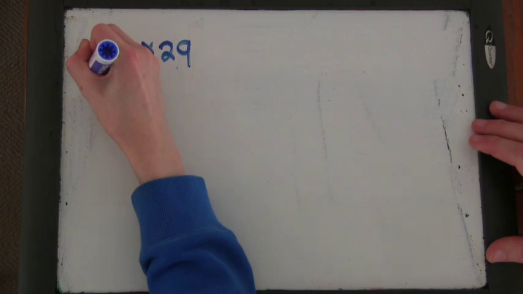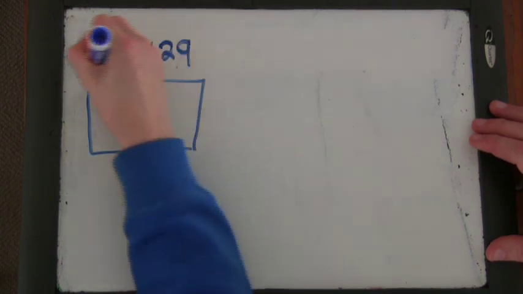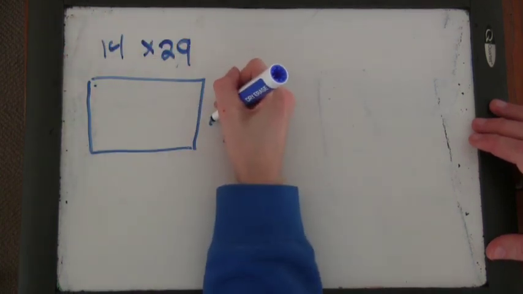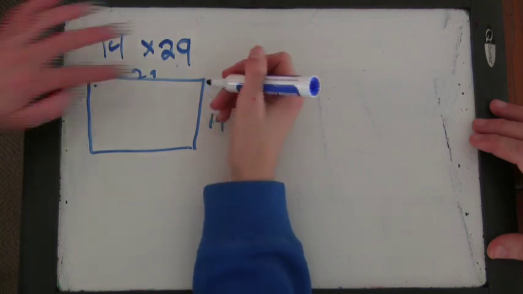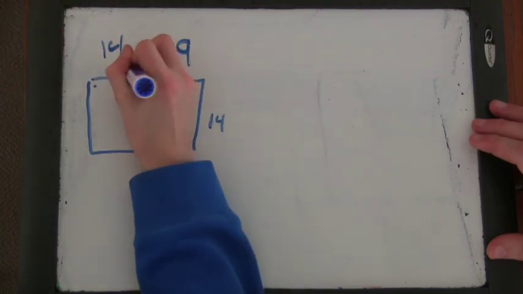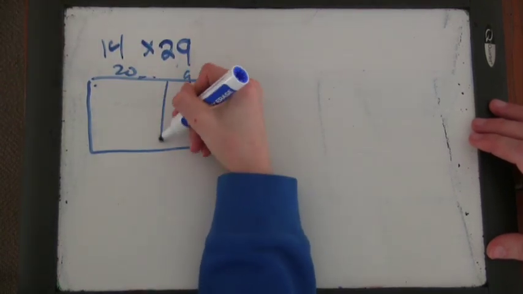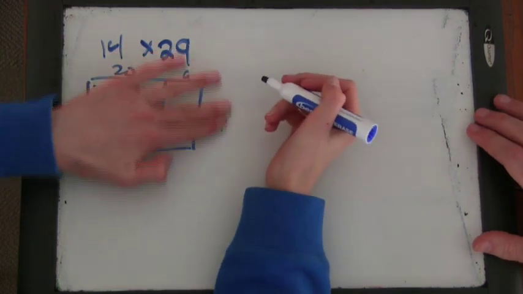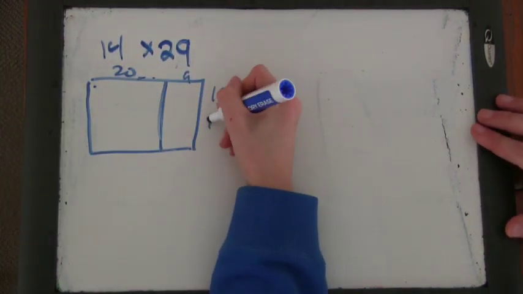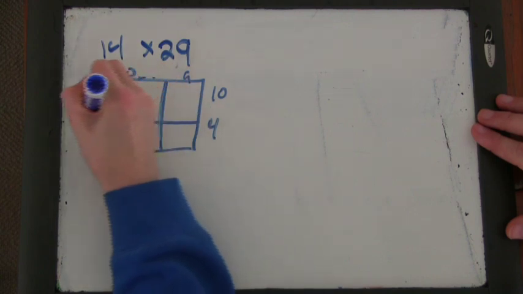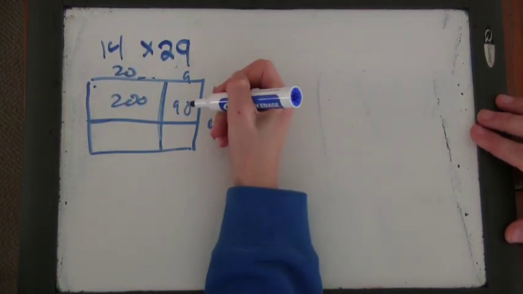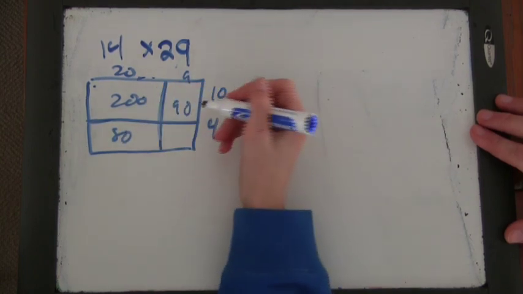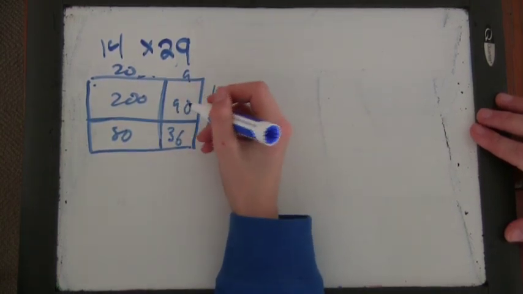We draw out a rectangle, so we have 14 and 29, and then we split it up into 20 and 9. And then we split this up into 10 and 4. Okay. So we get 200, we get 90, we get 80, and we get 36.